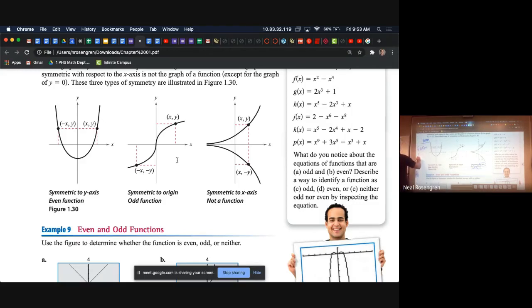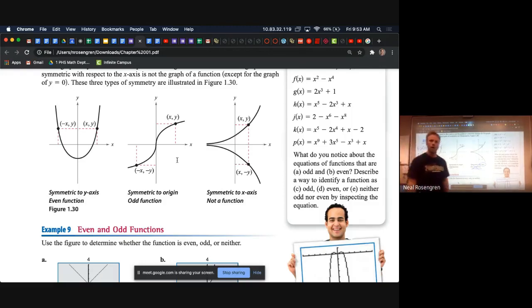If I drop in f of negative x, so I change x to negative x, and I get the exact same y value back, if I get exactly f of x, then it's even. All right, so give me a function, whatever it is, and I change every positive x to a negative one. But I get back the exact same y value.